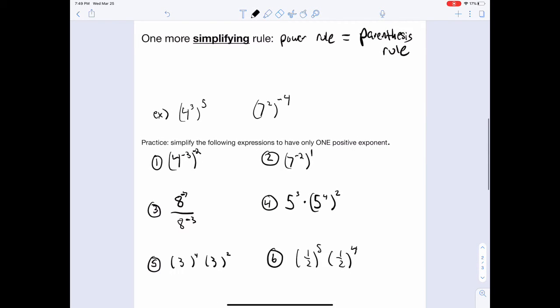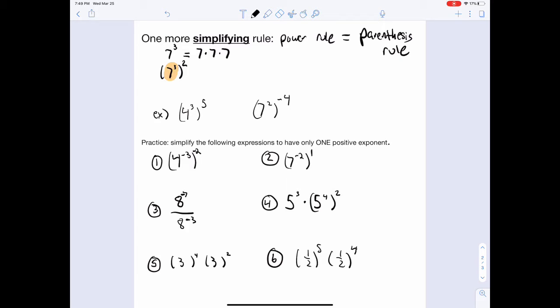Well, before that, let's just do a quick review. If we have something like 7 to the 3rd power, what does that mean? How do we find that? Well, we do 7 times itself 3 times. So what if we had 7 to the 3rd power again, but this whole piece we're going to square, to the 2nd power?